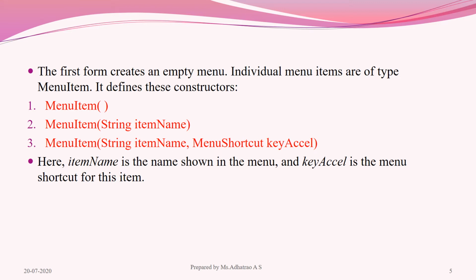Second one is by passing the item name, and third one is by passing the shortcut key for your menu item. So the item name is the name shown in the menu, and the key access is the menu shortcut for this item. Means if you want to give the shortcut key for your menu item, then you can use the third type of constructor.